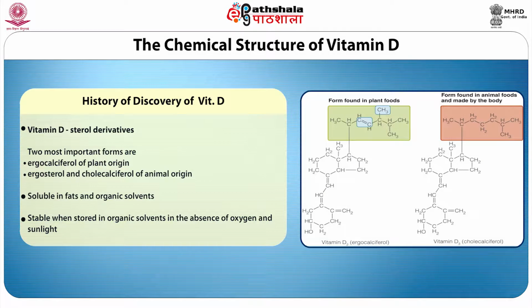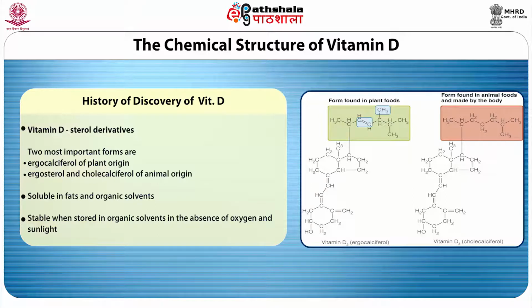We shall now move on to the structure and chemistry of vitamin D. Compounds with vitamin D activity are sterol derivatives. The two most important forms are ergocalciferol of plant origin derived from plant sterol and ergosterol and cholecalciferol of animal origin from 7-dehydrocholesterol present in mammalian skin.